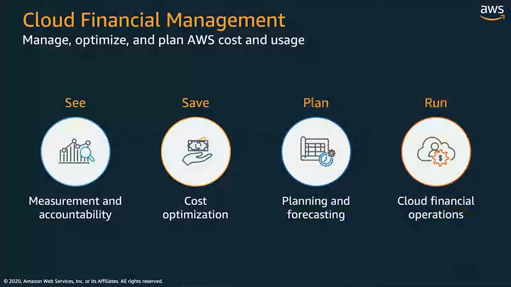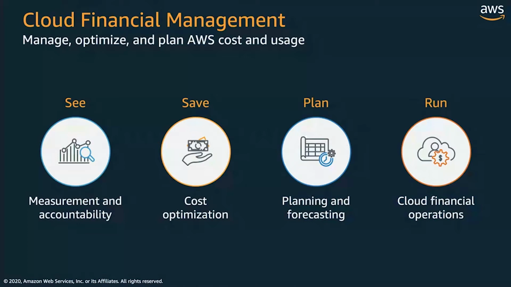So starting with cloud financial management, we approach this from a see, save, plan and run perspective. Firstly, the see, being able to measure usage of cloud and have that accountability regarding which accounts are using what services.